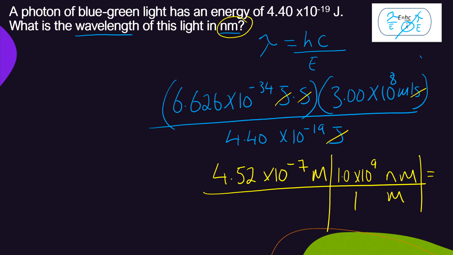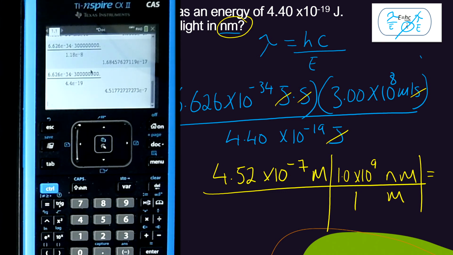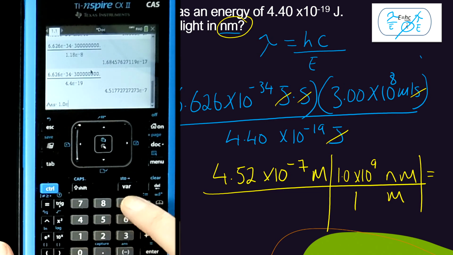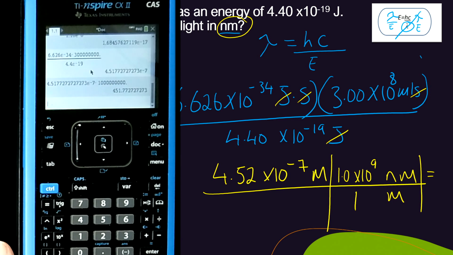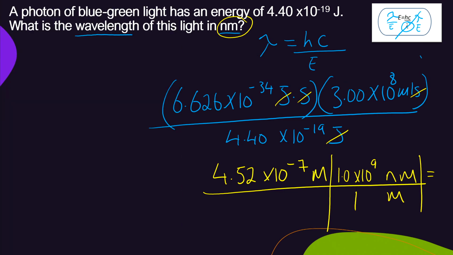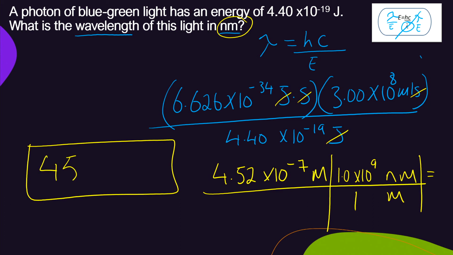So let's put that into our calculator. So we have our answer and we want to multiply that by 1.0 EE9. Press enter and we see that we have 451. So we'll get 452. So our final answer is 452 nanometers.